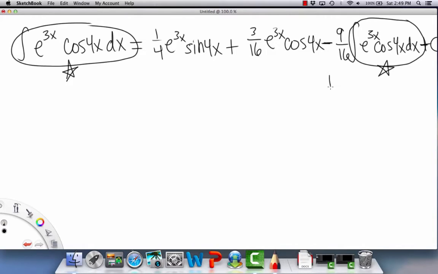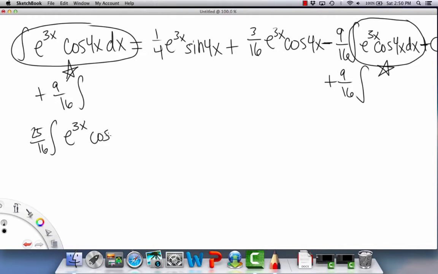So what we can do is add 9 over 16 of this integral to both sides. Then we get 1 plus 9 over 16, so that'll be 25 over 16 of this integral on the left, the integral of e to the 3x cosine 4x dx.